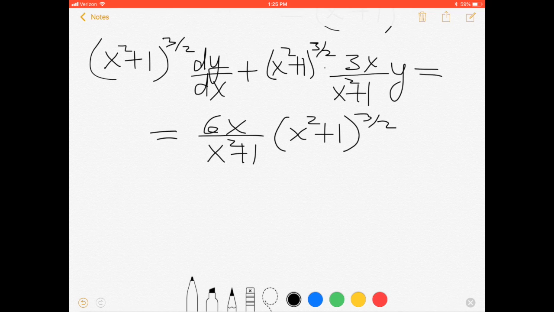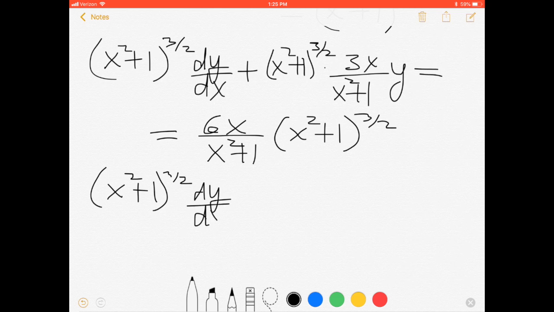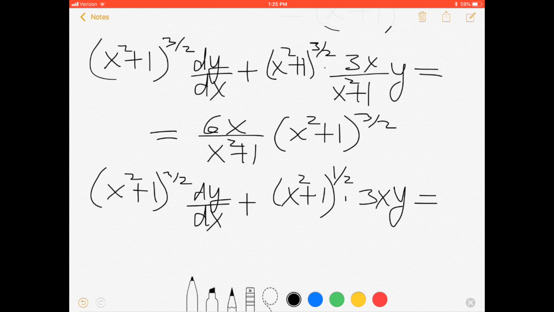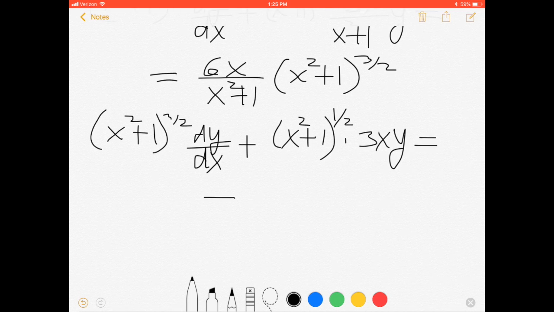Okay, simplify. We have (x squared plus 1) to the 3 halves dy/dx plus (x squared plus 1) to the 1/2 times 3xy, and this will be equal to 6x times (x squared plus 1) to the 1/2 power.